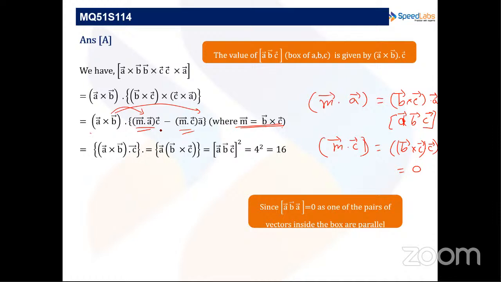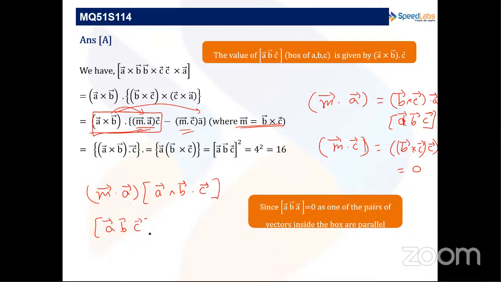So this quantity is 0 and we are left with only this quantity. So that will be m dot a being a scalar value and a cross b dot c. So this is also a scalar triple product ABC, and this is also a scalar triple product ABC. So we are getting the scalar triple product ABC whole square, and its value was given to be 4, so it will be 4 square, that is 16.